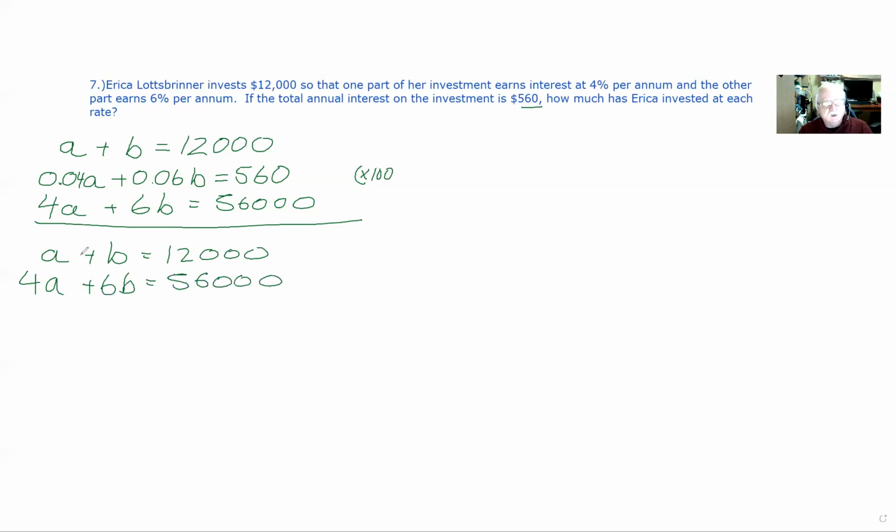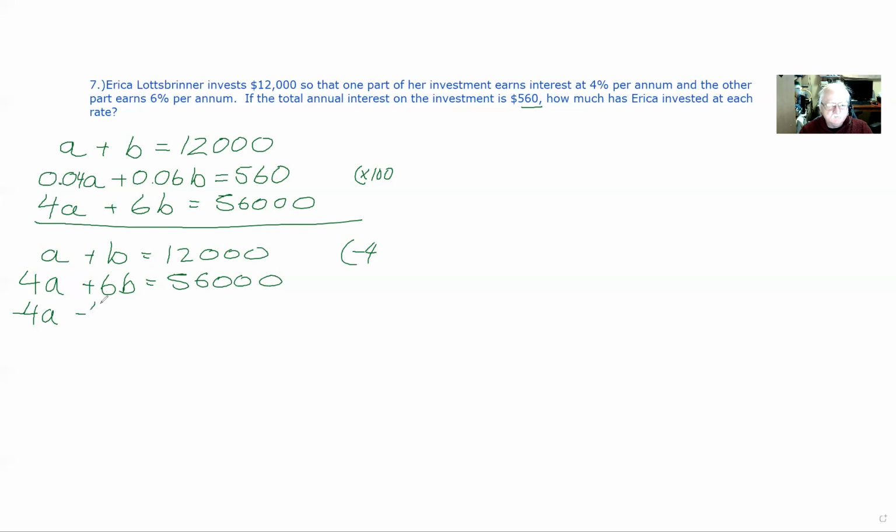56,000. And we could multiply this first equation by -4, and the A's would cancel out, or -6, and the B's would cancel out. So let's go for -4. So -4 times A is -4A.